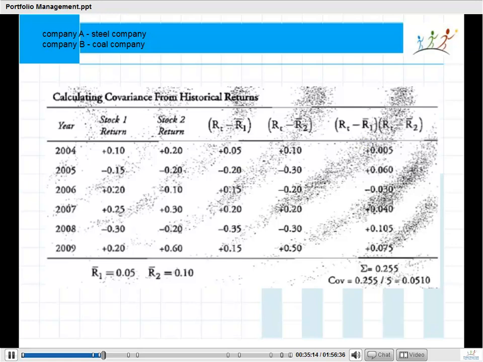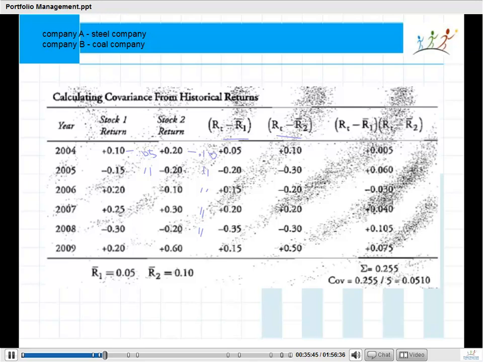Essentially, subtract 0.05 from all values, and for stock B, subtract 0.10 from all values. This will give you the deviations of stock A. This is the deviation of stock B.